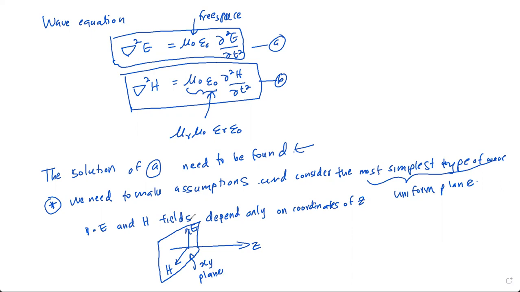So no components of the electric and magnetic fields fall in the Z direction. E and H are only on the XY plane, so their components are not along the propagation direction, the Z direction.